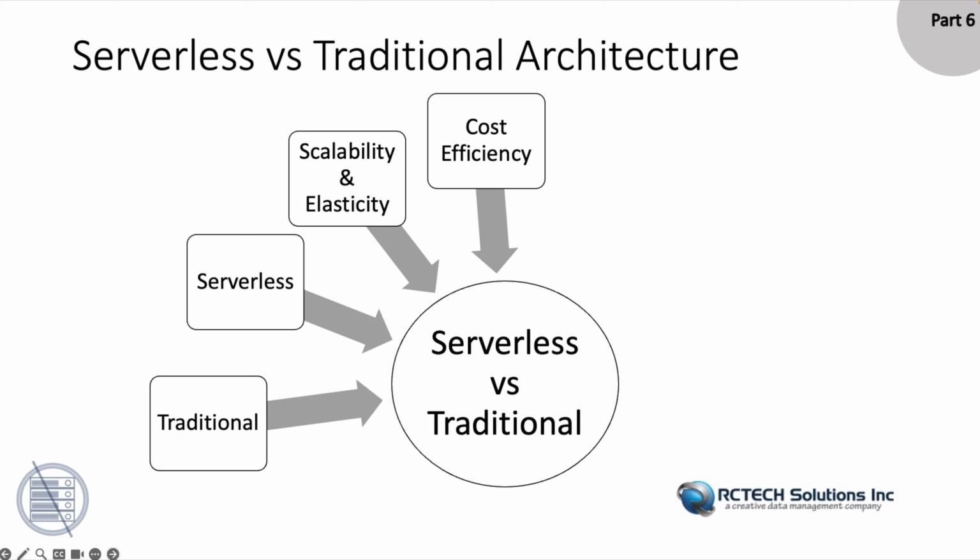Cost efficiency. Traditional architecture often requires upfront investment in infrastructure and ongoing maintenance cost. Serverless architecture follows a pay-as-you-go model where costs are based on actual resource consumption. Serverless platforms eliminate idle resource cost, making it more cost-effective for certain use cases.